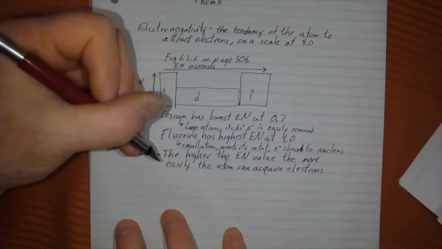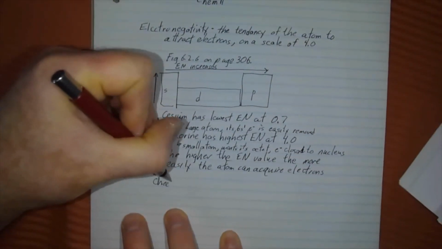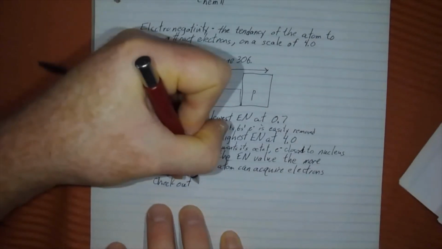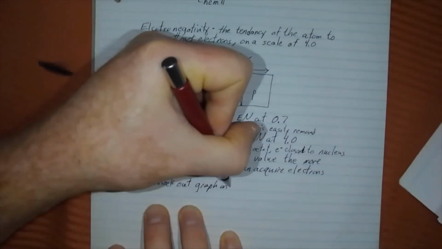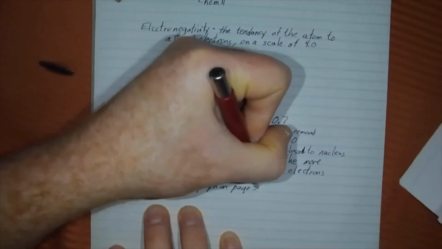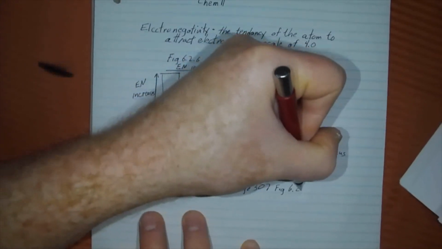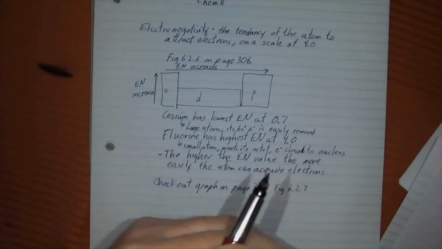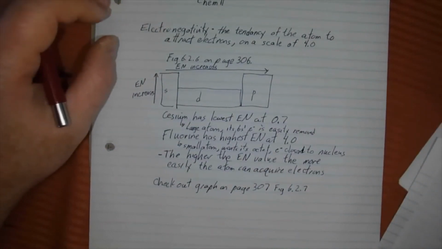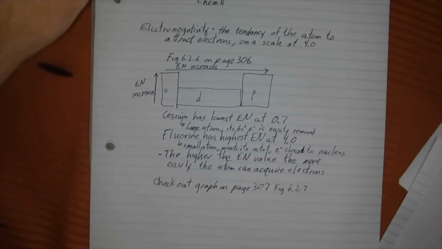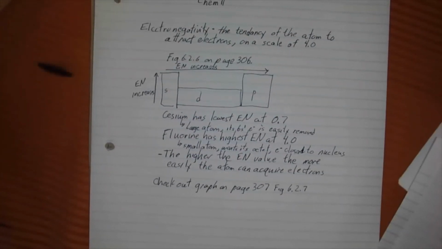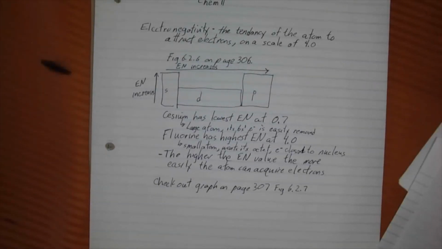You can also check out page 307, figure 6.2.7. You can see the trends of the electronegativity values are almost the same as the trends for ionization energies. The higher the ionization energy, the more likely it's going to want to become positive and gain an electron. The lower the ionization energy, the more easily it becomes negative.